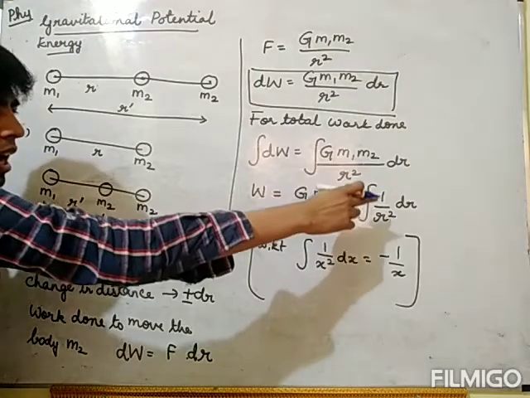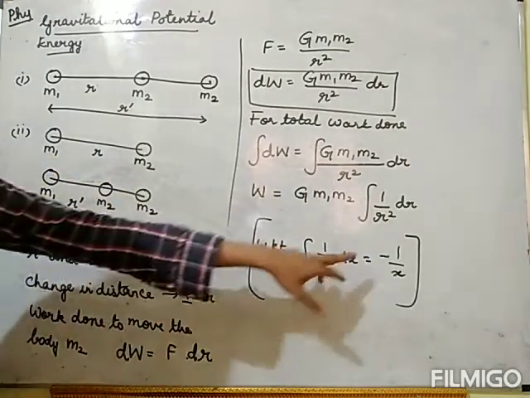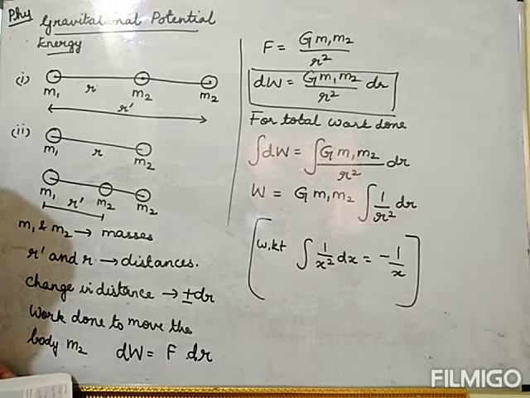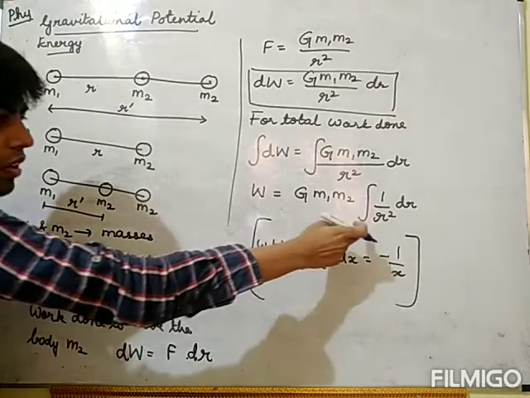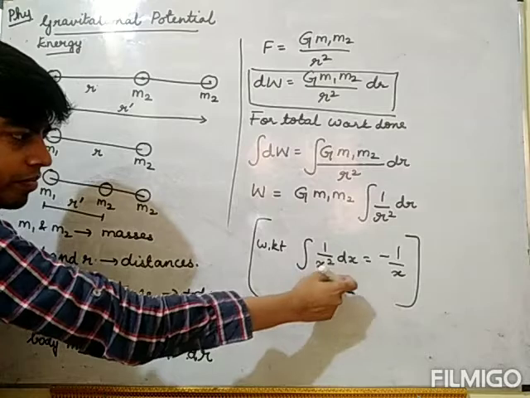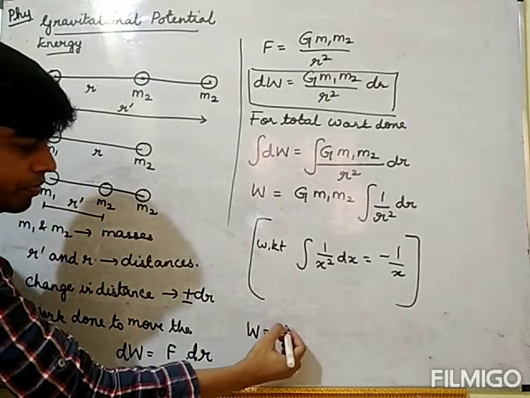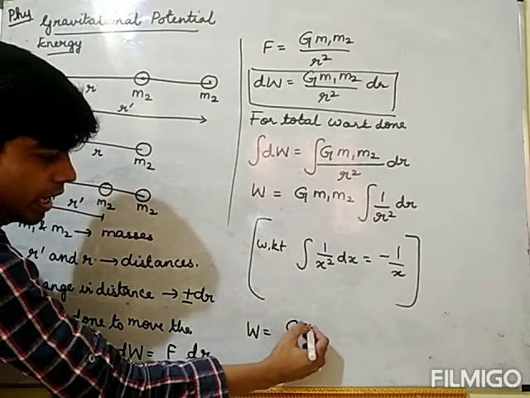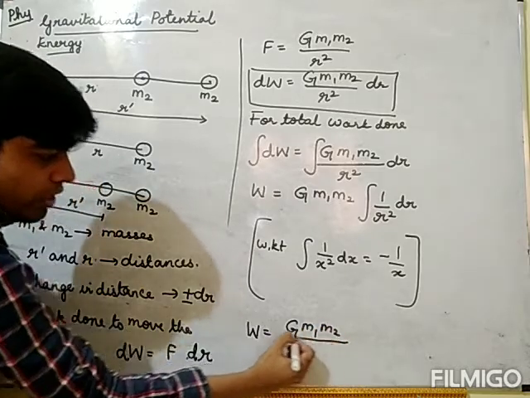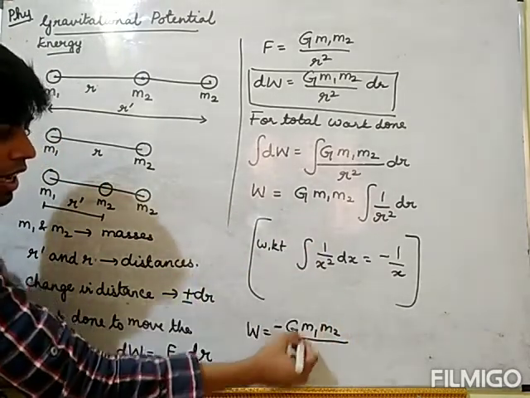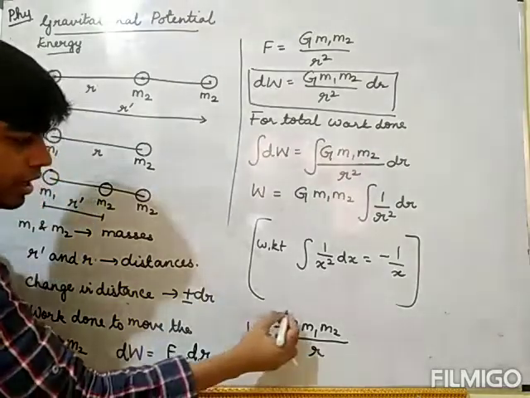So 1 by r square dr will become minus 1 by r. So W is equal to G m1 m2 into minus, I am writing the minus outside, 1 by r.